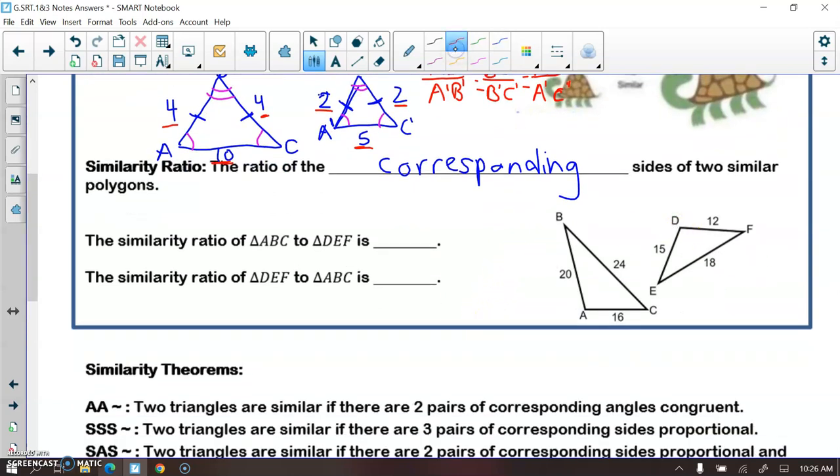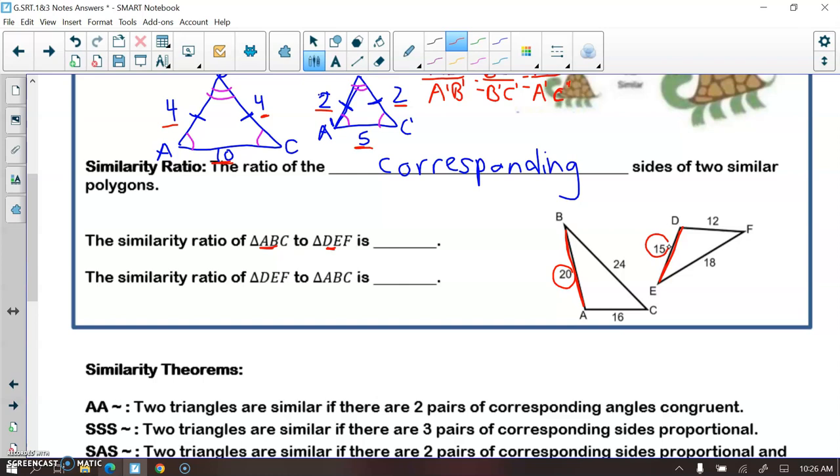So let's look at this next example. These are similar triangles. The similarity ratio of triangle ABC to triangle DEF. So that means side AB corresponds with side DE, since they're in the same position in my two triangles here. So going from my bigger triangle to my smaller triangle, it would be 20/15.